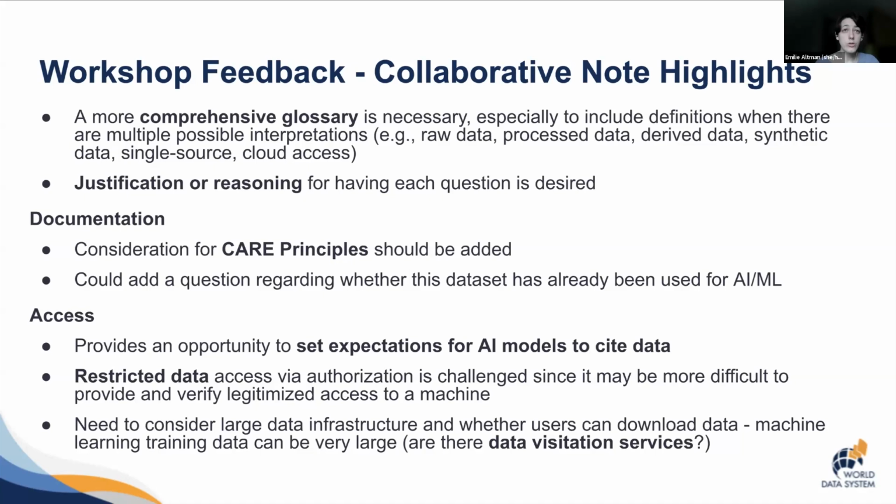We also felt the need to consider large data infrastructures and the fact that machine learning training data is often very large. So it's important to think about whether users can download data. And if they can't, are there data visitation services provided by the repositories for users to access and manipulate the data remotely without needing that space? And next slide, please.